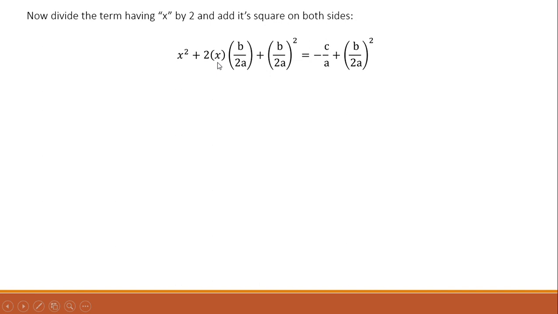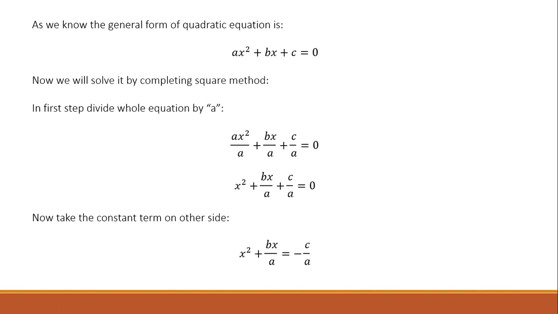As we see in the previous term, we have bx over a. If we cancel out 2 with 2, we will get bx over a as we have in the previous term.